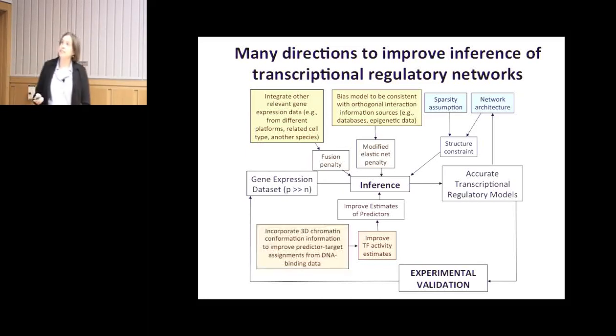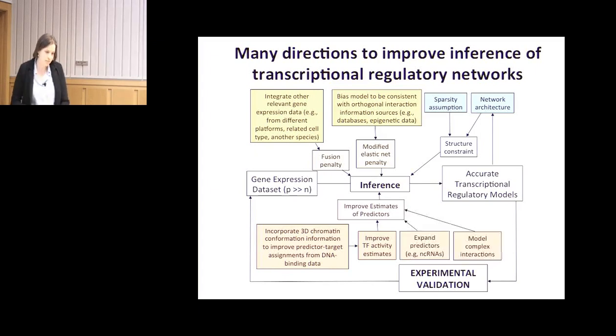Another way to improve these, so I've actually thrown out a lot of the interesting or differential ATAC-seq peaks because they weren't plus or minus 10 kb of a gene. And so incorporating 3D chromatin information would be another way that we could improve these transcription factor models.